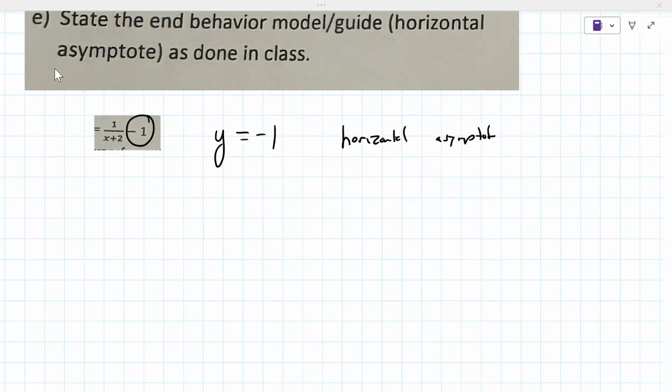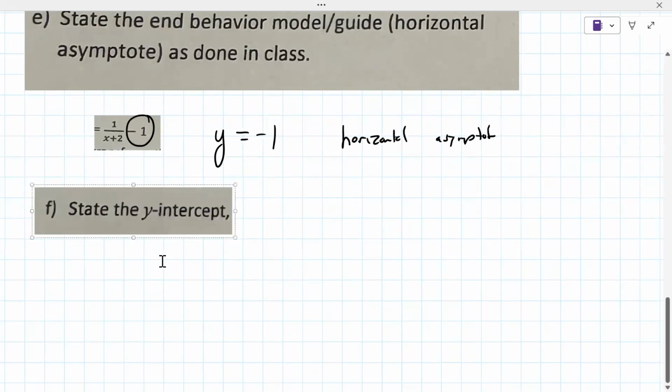All right, so part F here, the y-intercept. Do you remember how to find that from yesterday? I know where to find that. All right, how do you find the y-intercept?